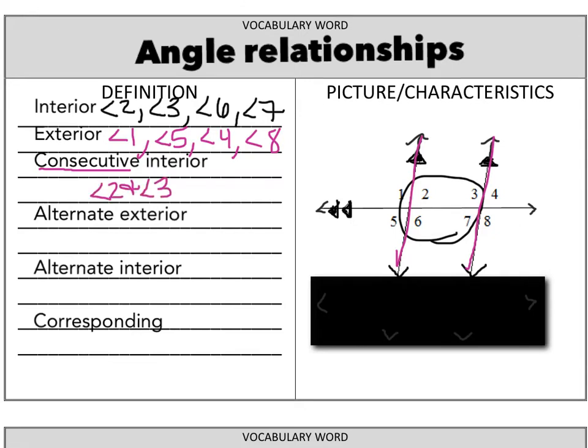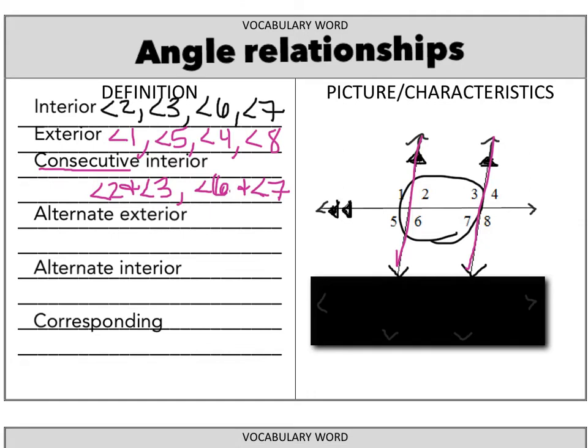Those two are consecutive. They're right next to each other. There's no line hiding them or in between them. Another one would be angle 6 and angle 7.